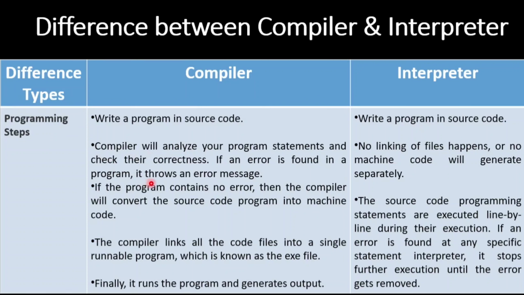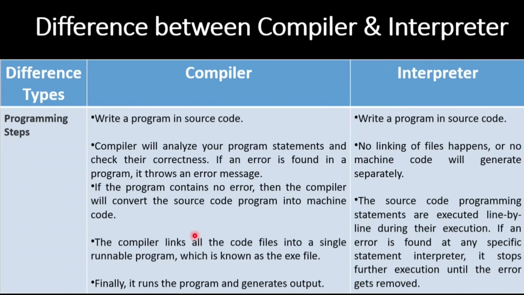Now what happens in compiler? Compiler is going to analyze your program. That means it is going to check correctness of your program. It will check whether any error is there or not. If an error is found in your program, then it is going to show you a message. Now suppose there is no error in that program, then what will the compiler do? It will convert your source code into machine code.